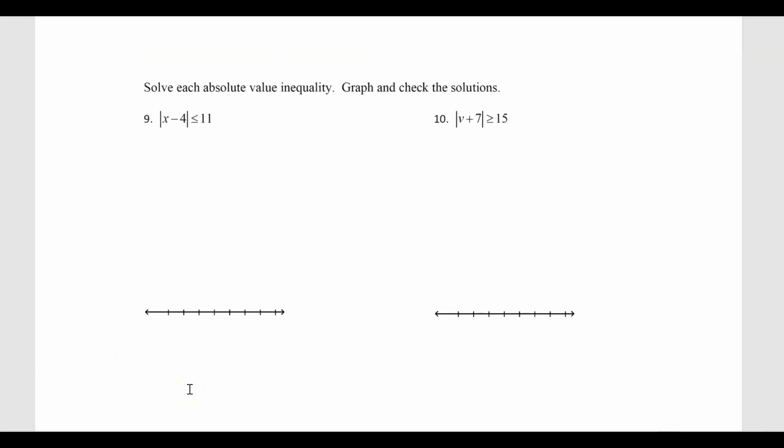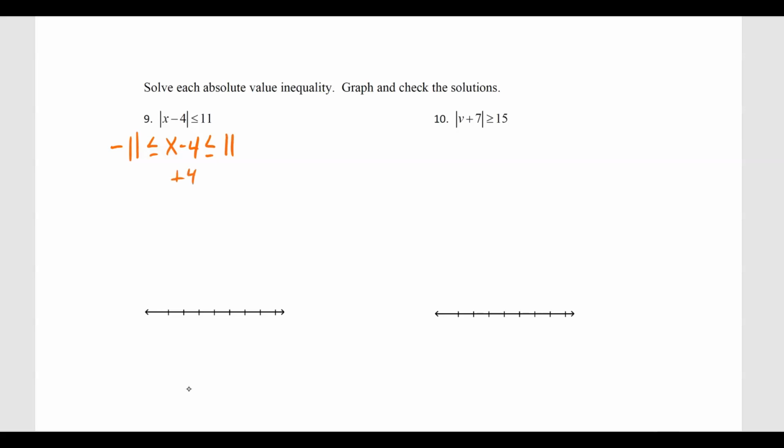Go to 9 and 10. I told you that if it was a less than or equal to, we just add the number to the front, and that allows us to drop my absolute value.